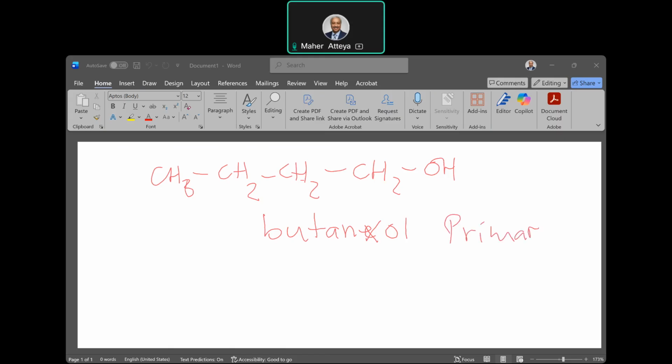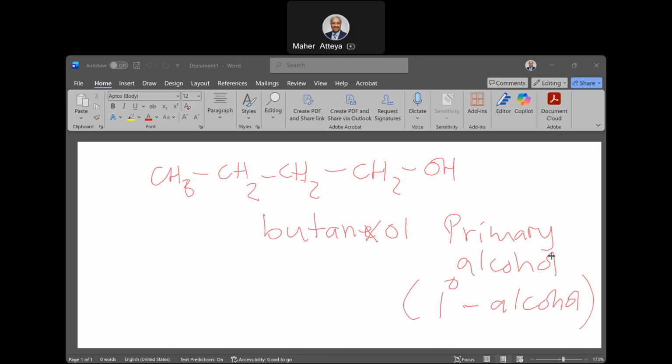It is designated with the 1 and then degree on this alcohol. Now, if we have a primary, we have to have secondary and we have to have tertiary.